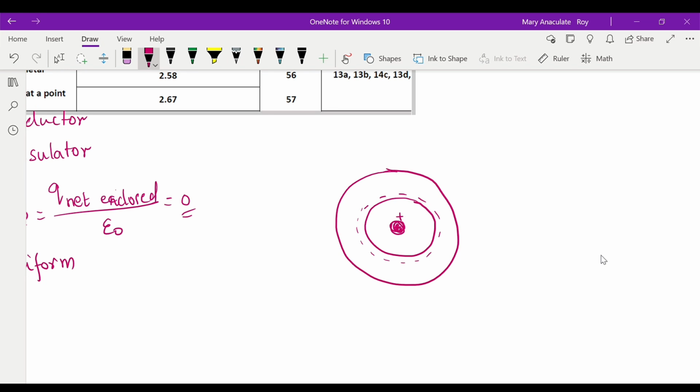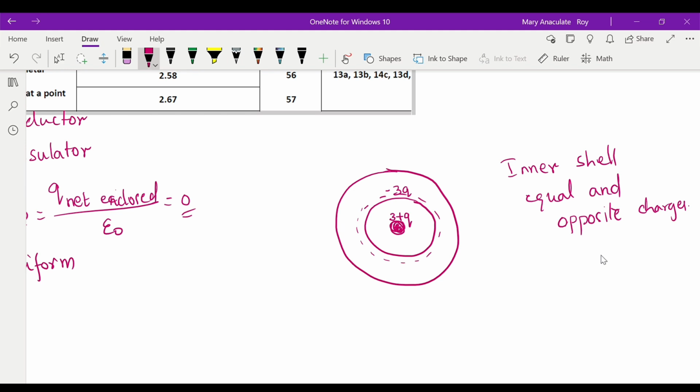Imagine there is a charge of plus 3q in the middle of the conductor. It will attract equivalent negative charges on the inner shell. So the inner shell will have equal and opposite charges to that of the one in the middle.